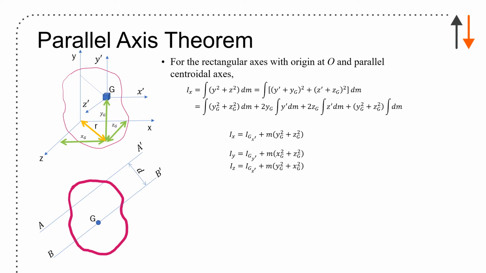This becomes an r squared, which is the distance to the point of interest, and you're set. Now, if you do this as an arbitrary shape, and it doesn't matter that I can't draw 3D, but you could imagine it in any direction, rotated about here, the perpendicular distance from AA prime to BB prime is just going to be d, and I about, say, axis A is just IG plus m d squared.